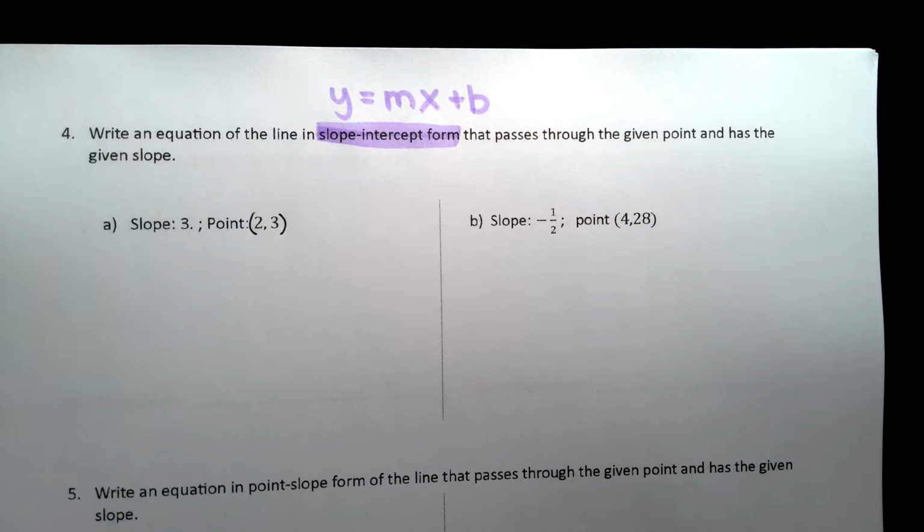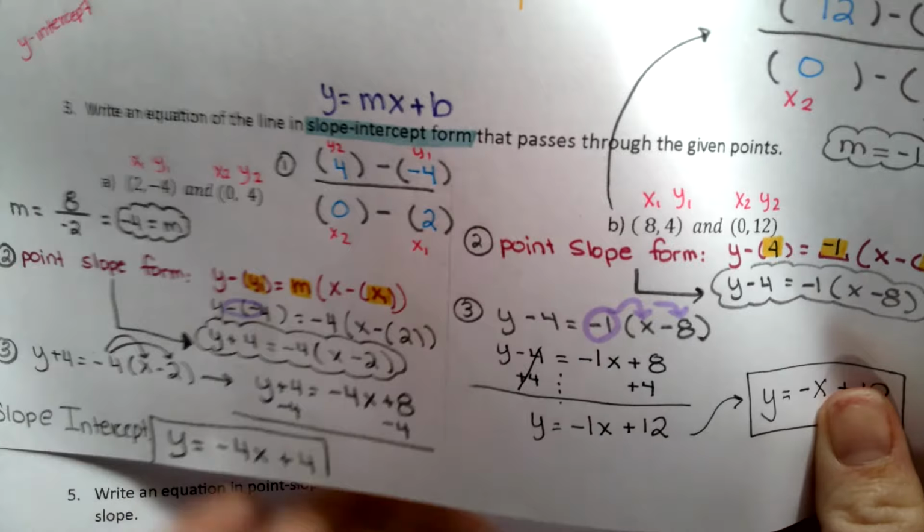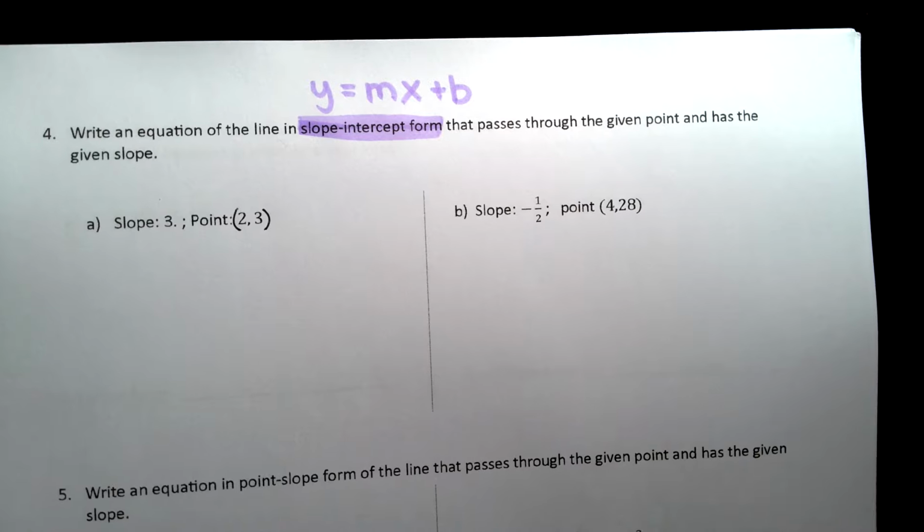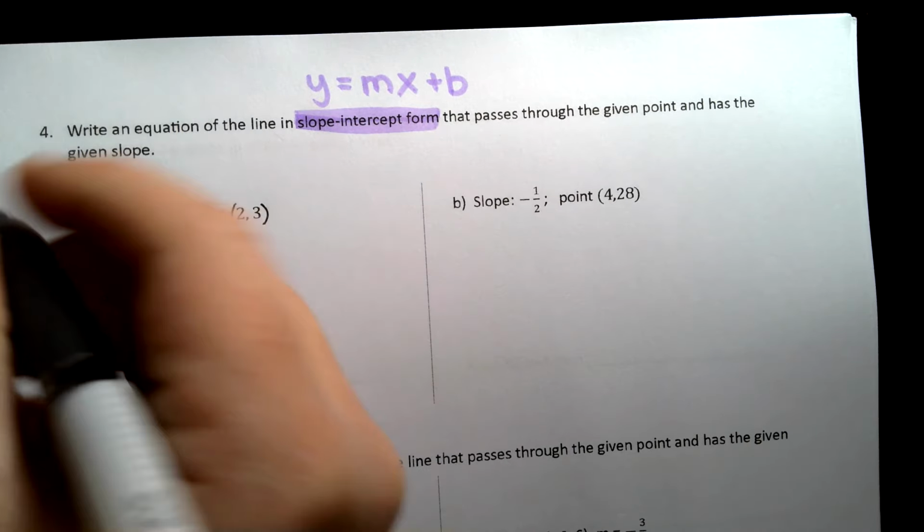So honestly, it's less than what we had to do a few moments ago because slope is already given to us. So this right here should be a level lower than what we did. So let's say hypothetically this is a level 3 question. This is a level 2 question. So let's go ahead and write out your point slope form.